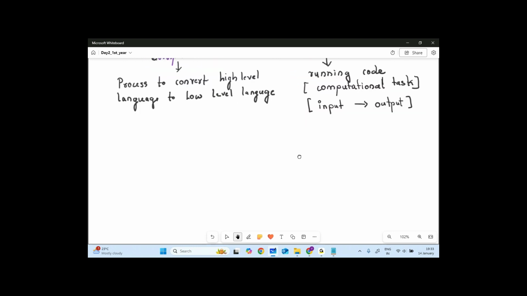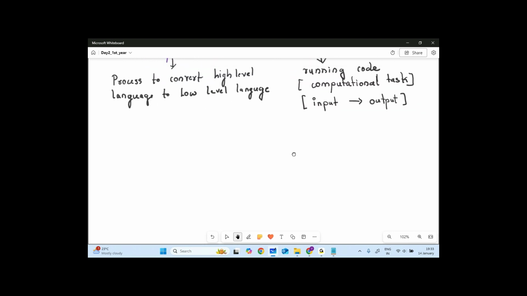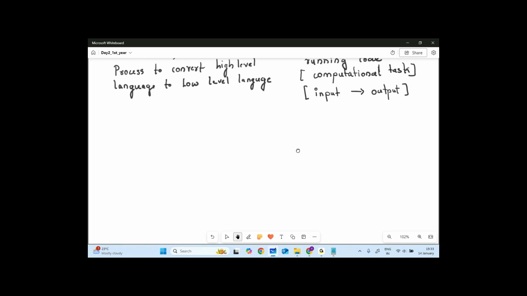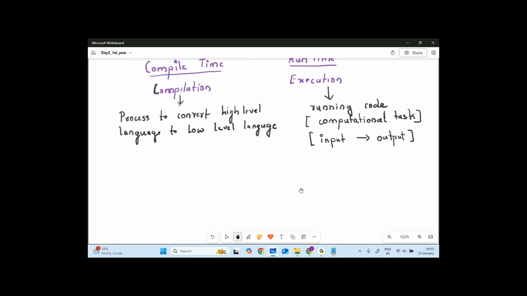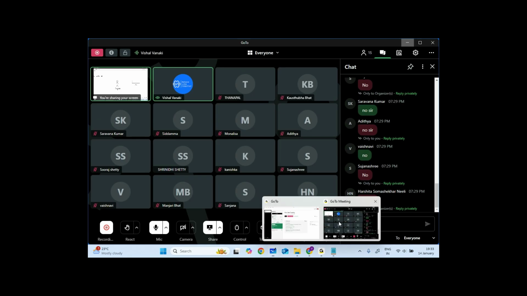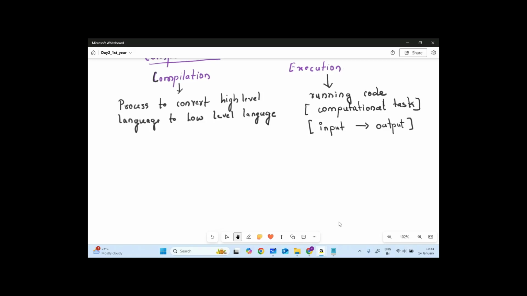Okay, now once you understand this, I hope you are clear with what is compilation and what is execution. If you are clear with this, then I'll go with the next step, examples of preprocessor directives. Can we go ahead with that?